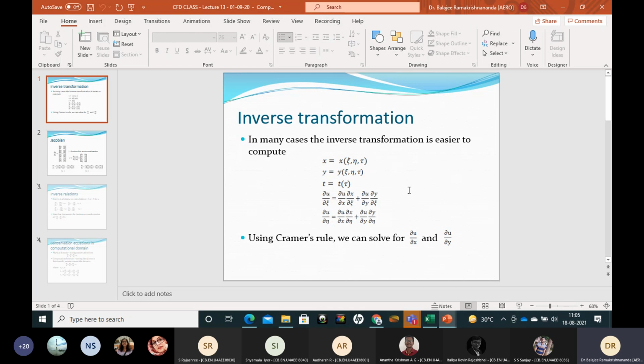The reason why it's easier is that in the physical plane, ξ and η take only numerical values: 1, 2, 3, 4.